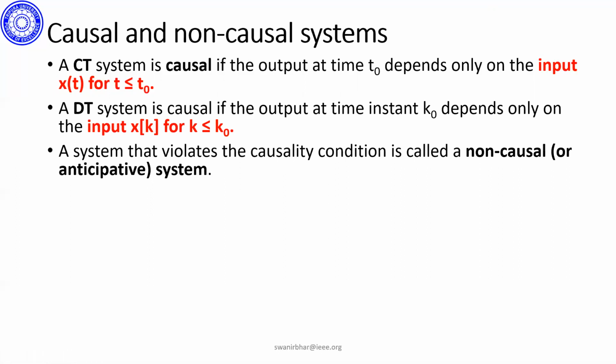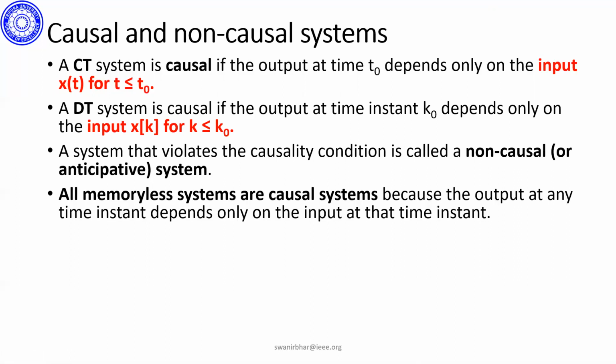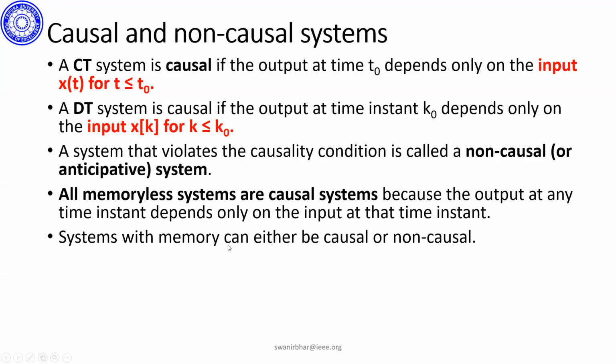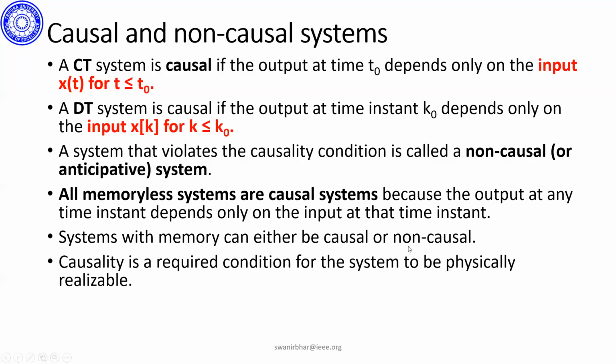Normally, all practical systems are causal, because any practical system cannot give you an output which will come in the future. So systems with memory can either be causal or non-causal.